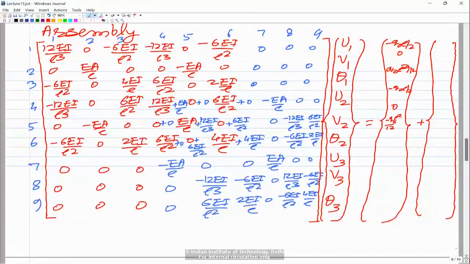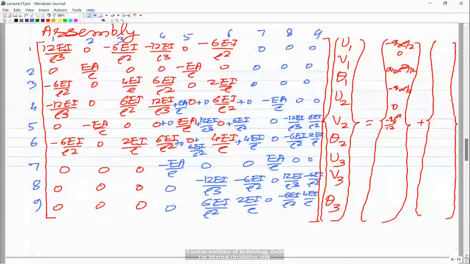So the second element will go into the fourth, fifth, sixth, seventh, eighth, and ninth rows and columns. Now when you look at the second element, again the distributed load Qx is 0, only Qy is there. So you will find that there is no contribution over here. So it will start from here.